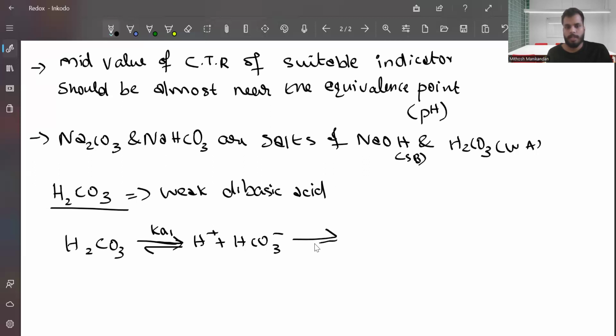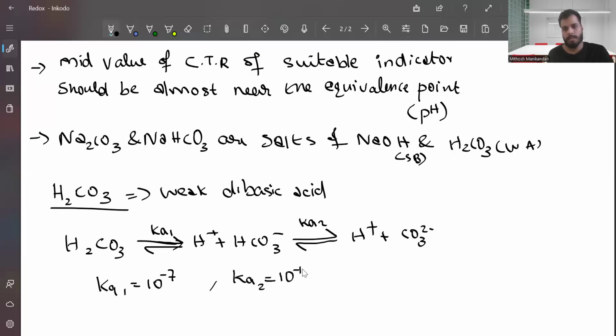Then you have H plus plus CO3 2 minus, so this is Ka2. And since it's a very weak acid, Ka1 is equal to 10 raised to minus 7 and Ka2 is equal to 10 raised to minus 11. Just keep this in mind because we will have to use this.